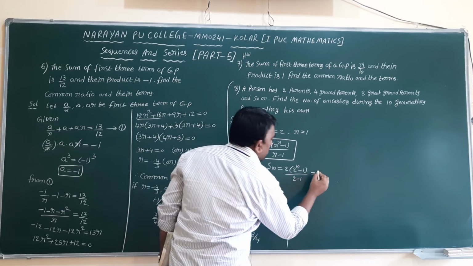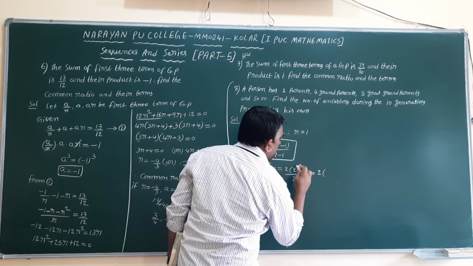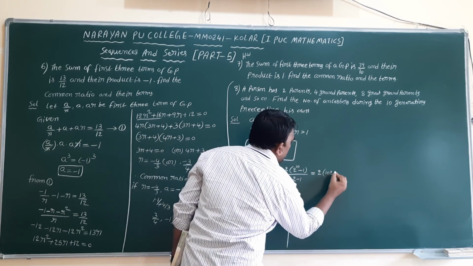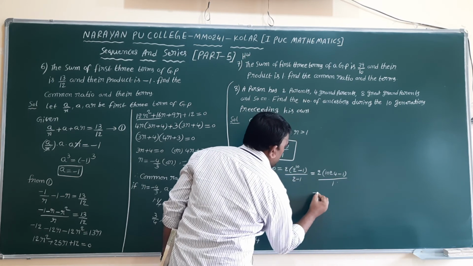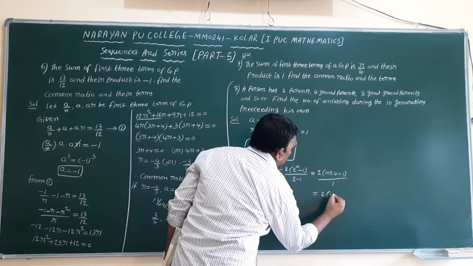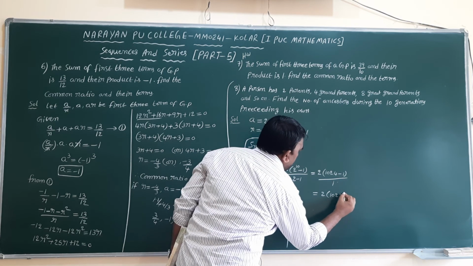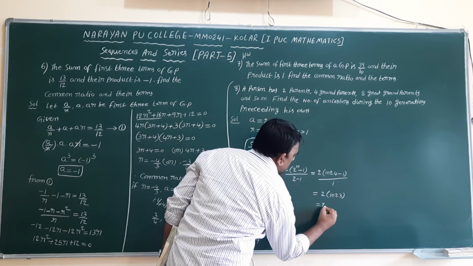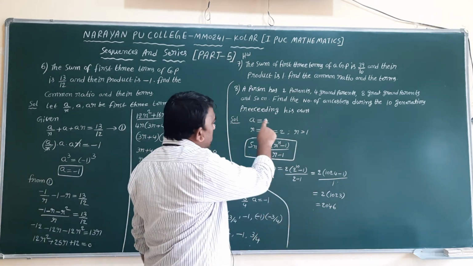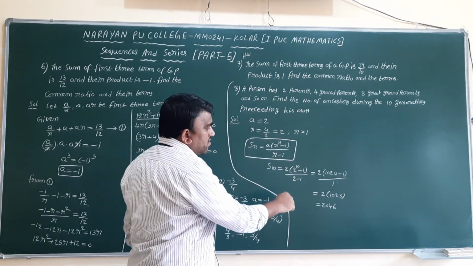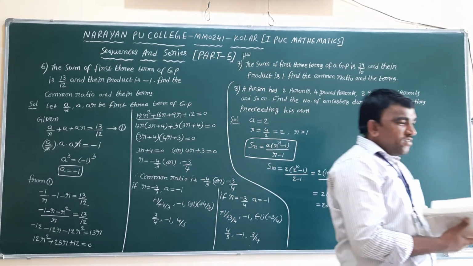That is 2 into 1024 minus 1, divided by 2 minus 1 which is 1. So 2 into 1023 is 2046. In the 10th generation, the total number of ancestors is 2046.